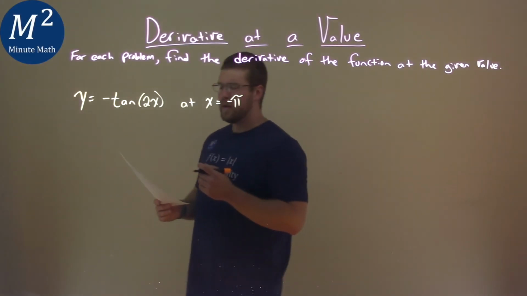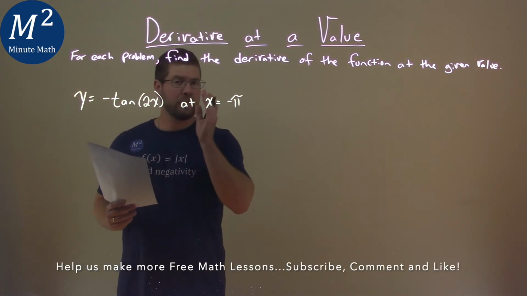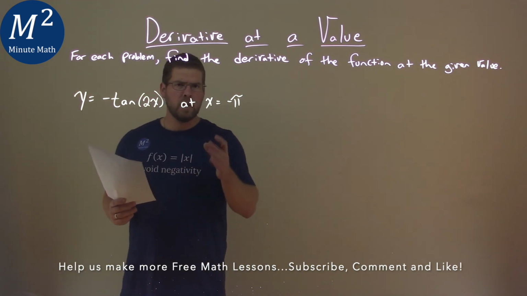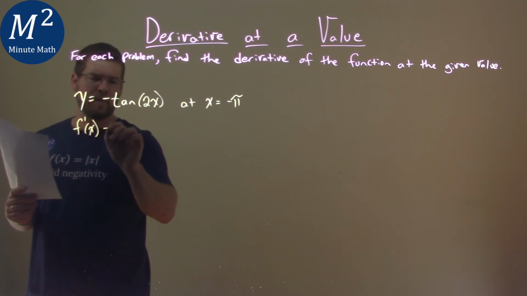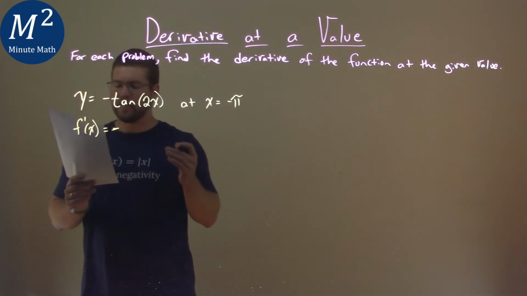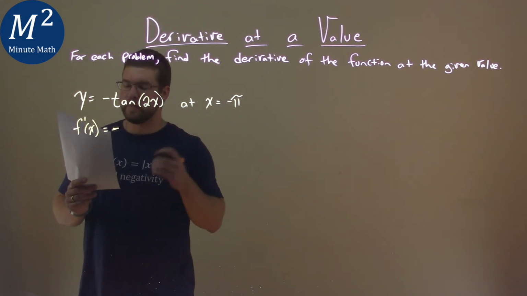We're given this problem right here, y equals negative tangent of 2x, and we need to find the derivative there at x equals negative pi. Well, let's go find the derivative first. What is f prime of x here, or y prime? Well, the negative is put up front, and the derivative of tangent, all right, tangent of u is u prime secant squared of u.